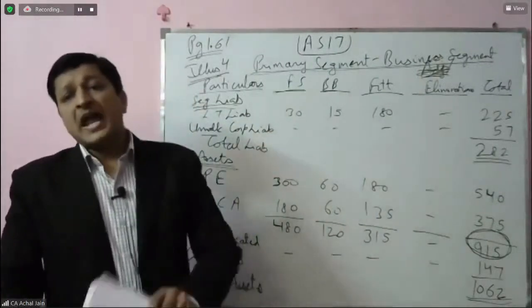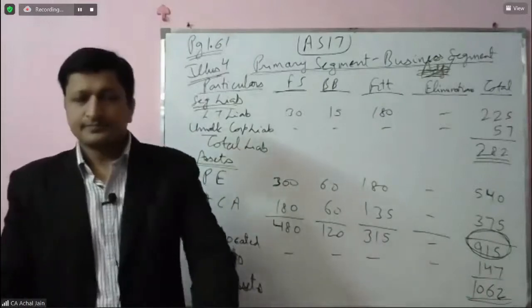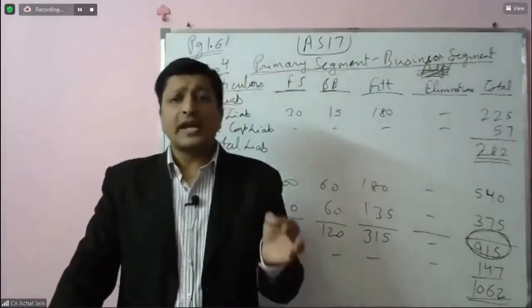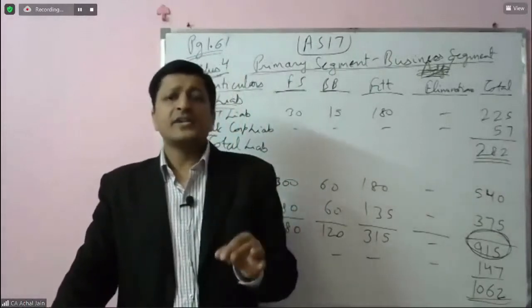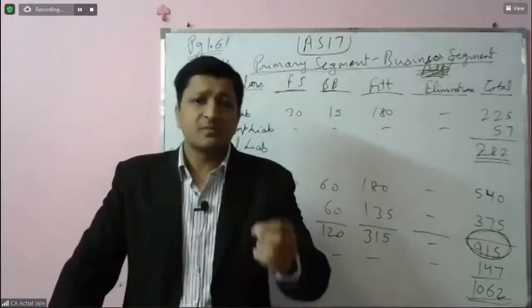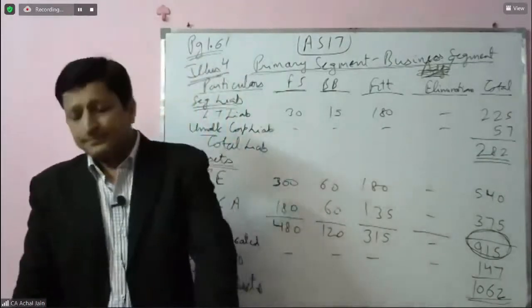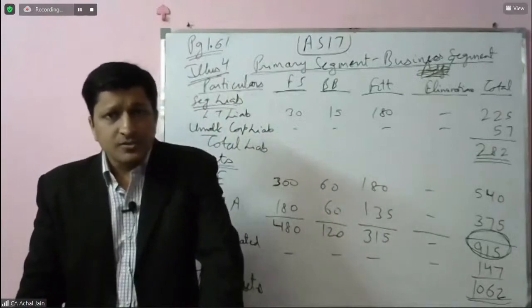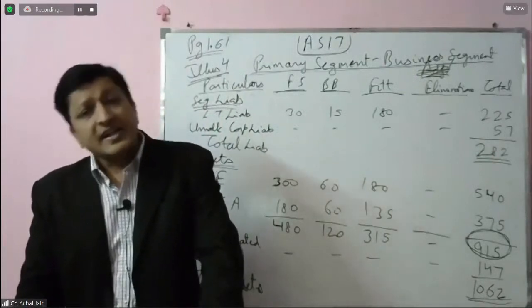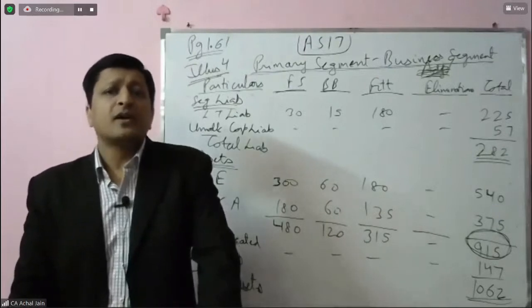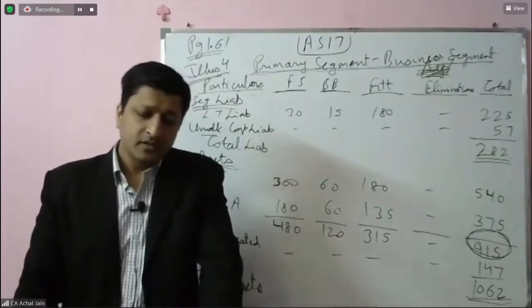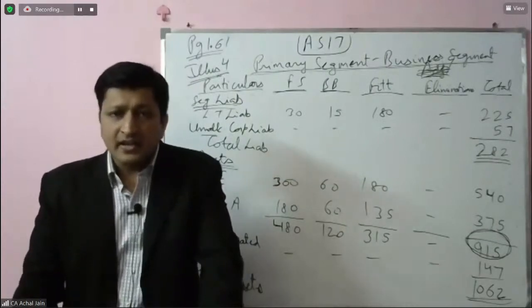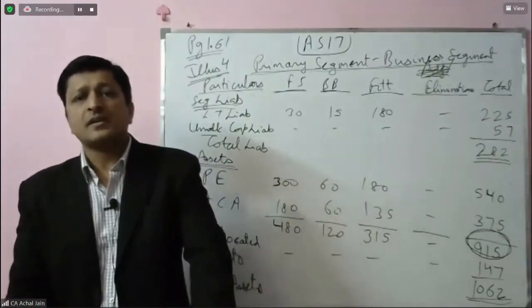But as per the accounting standard, wherever we have got any disclosure in relation to a business segment which is becoming a primary segment, we are also required to give the disclosure for secondary segment, which will be the geographical segment.